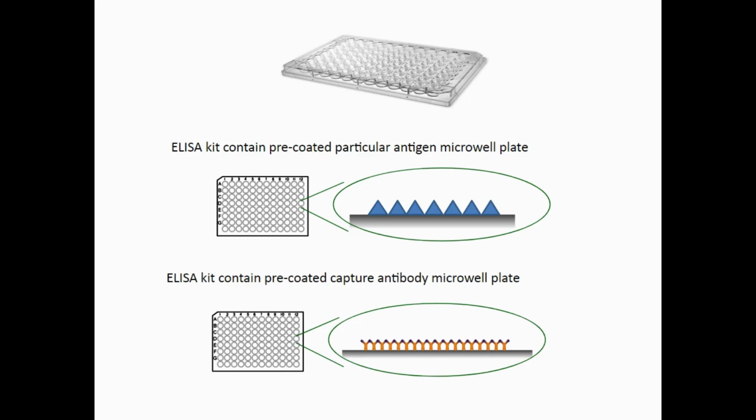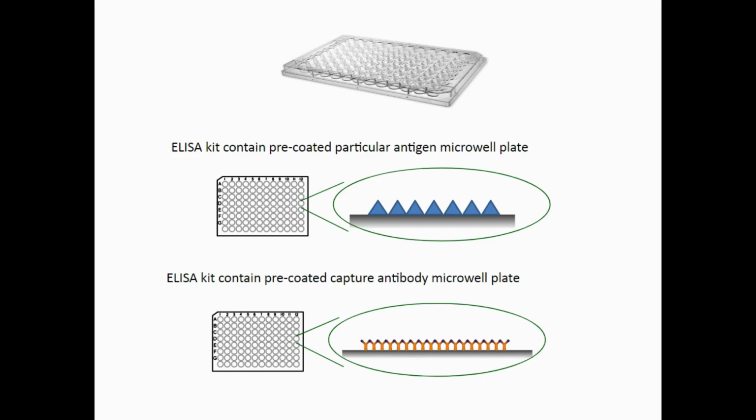Now coming back to the types of ELISA, which are direct, indirect, sandwich, and competitive. These definitions are quite short. We will discuss all these types in detail. Direct ELISA, as its name indicates, is the type of ELISA in which there is a direct interaction between the antigen and the enzyme-linked antibody. There is nothing in between these two.